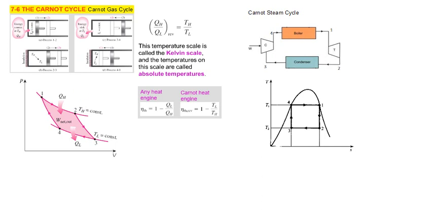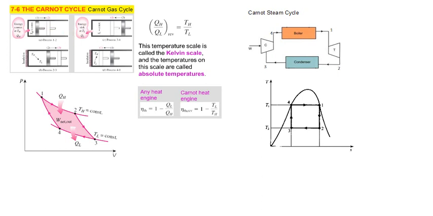One, 1 to 2, is the reversible isothermal expansion, and then 2 to 3 is the reversible adiabatic expansion, and then 3 to 4 is the reversible isothermal compression, and the last one, 4 to 1, is the reversible adiabatic compression. And this can be presented by a closed system, a piston cylinder cycle, as shown right here.